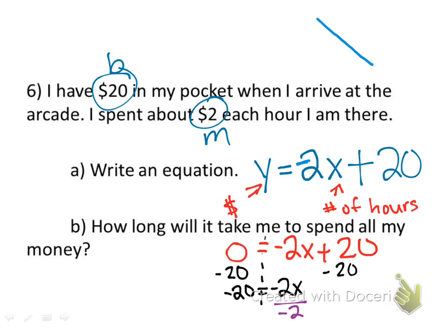We need to divide both sides by negative 2. I'm doing negative 20 divided by negative 2. What is negative 20 divided by negative 2? It is 10, and this represents hours. Now, this isn't realistic. I mean, it costs more than $2 an hour to play at an arcade. But for this particular problem, our answer is 10 hours.